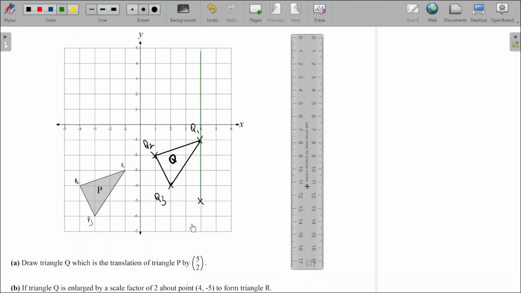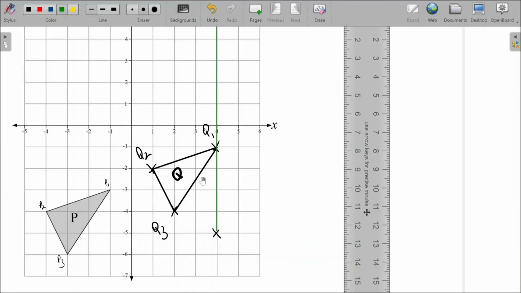To get the location of R1, remember triangle R is an enlargement of triangle Q by a scale factor of 2. Since this is a vertical line, getting R1 will be easy without our ruler. To get point R1, which corresponds to Q1, you can measure the distance between the point of enlargement and Q1, and to get the location of R1 on the grid, you double it.